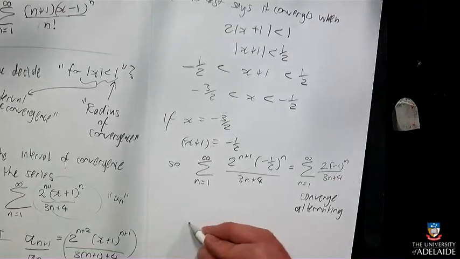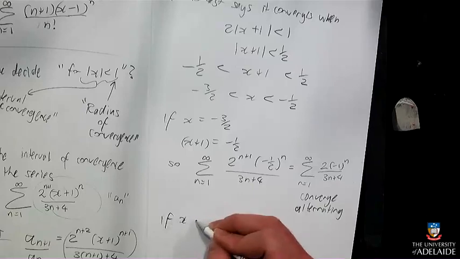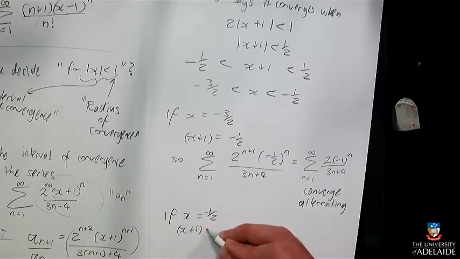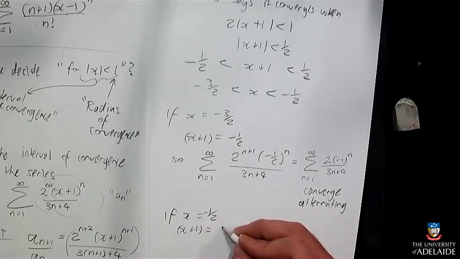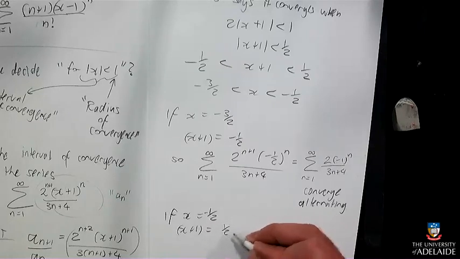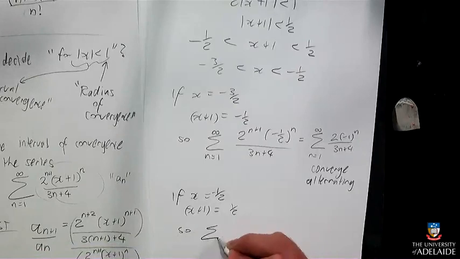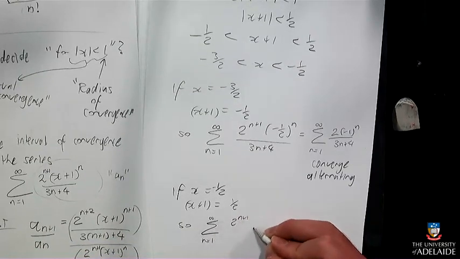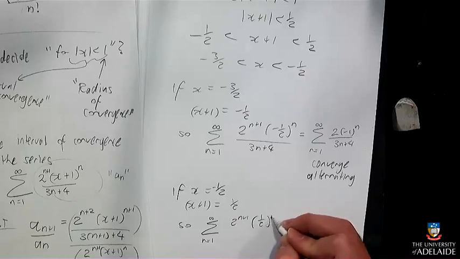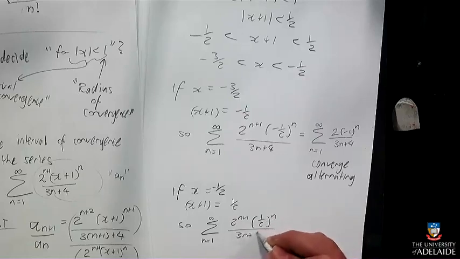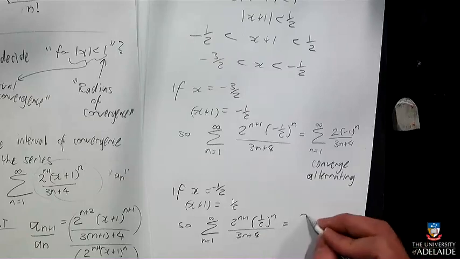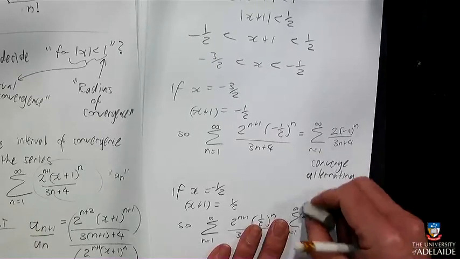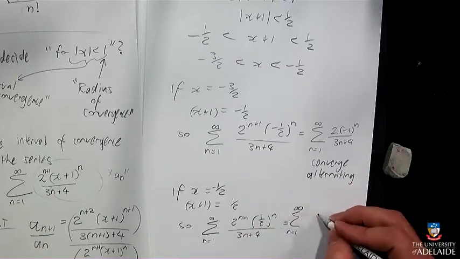And if x is minus a half, then x plus 1 is plus a half, and so... oh wow, I've made it more complicated than it needs to be. I'm so sorry.